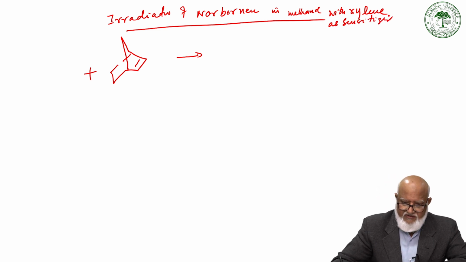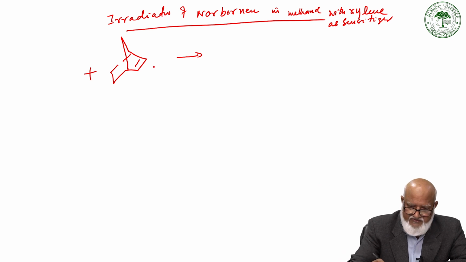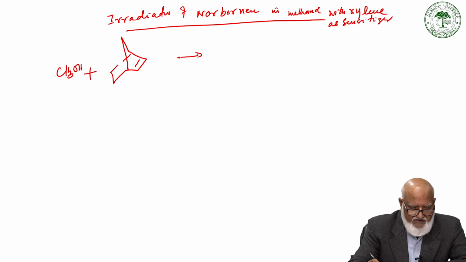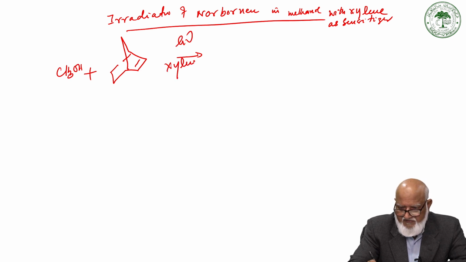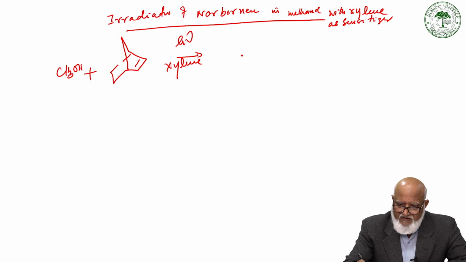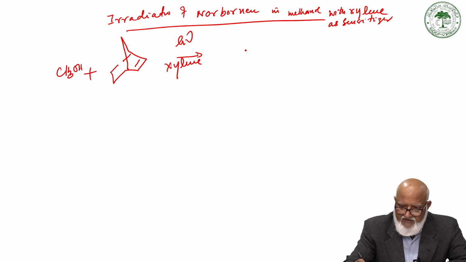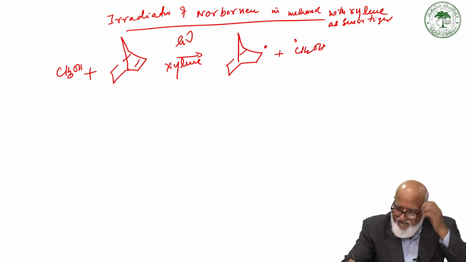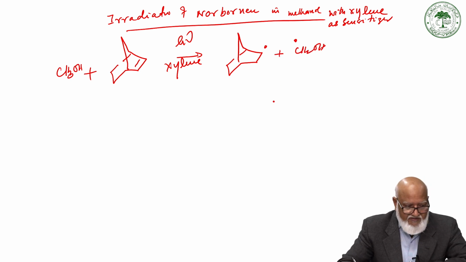It gives interesting products. Irradiation of norbornene in methanol under photolytic condition in the presence of xylene as the sensitizer gives a norbornyl radical plus a CH2OH radical.